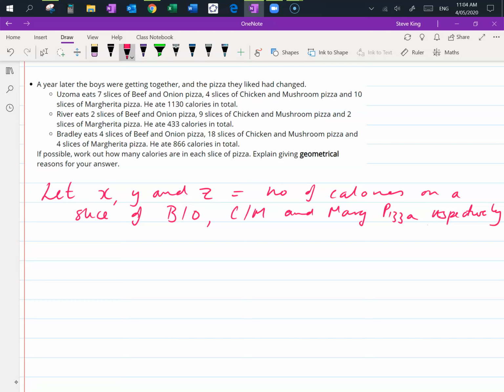Okay, so we use this word respectively to say x is the beef and onion, y is the chicken and mushroom, and z is the margarita. And so our three equations look like this. Zuma has got the set of equations 7x plus 4y plus 10z equals 1130.